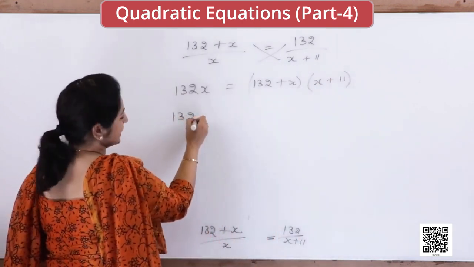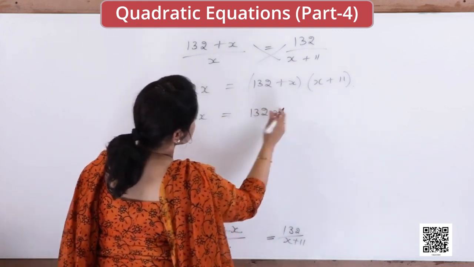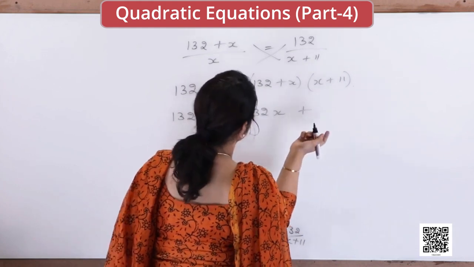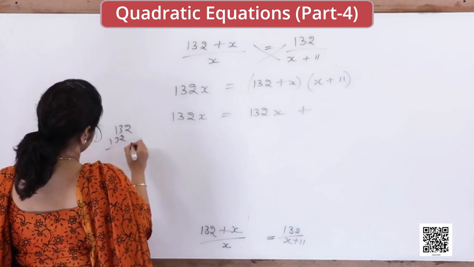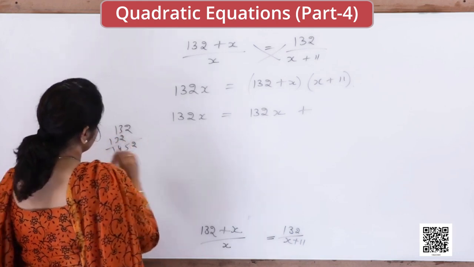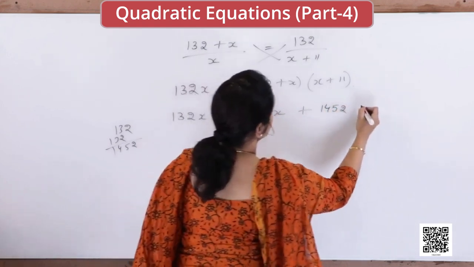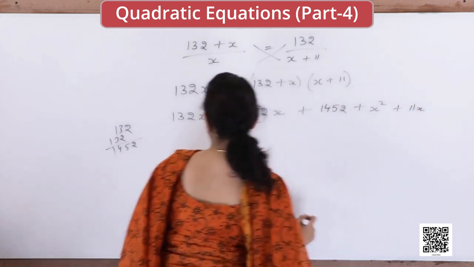So, 132x is equal to 132x plus 132 into 11. It will be 1452 plus x square plus 11x.